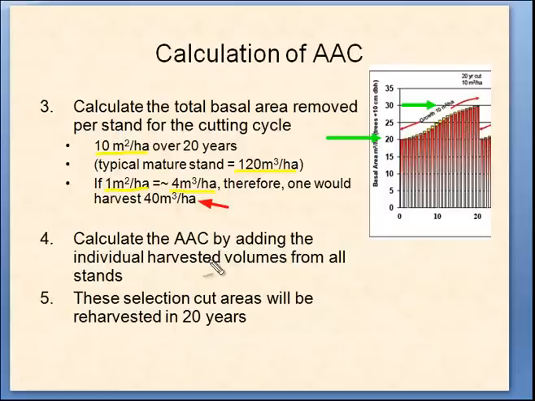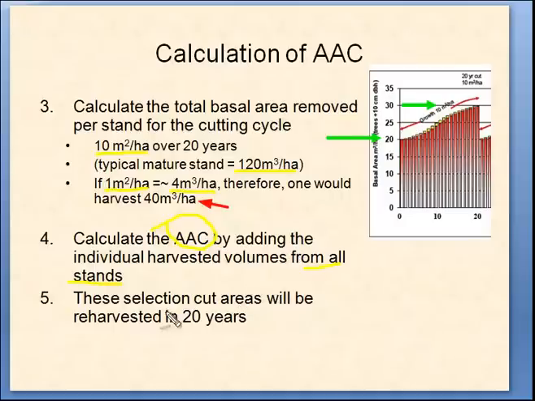You calculate the annual allowable cut for all your forest by adding up the individual harvested volumes from all the stands that have reached the optimum basal area for harvest. That's going from this top green line down to the lower green line.